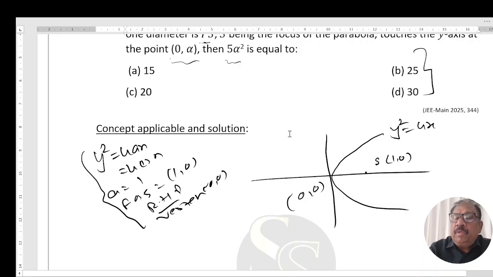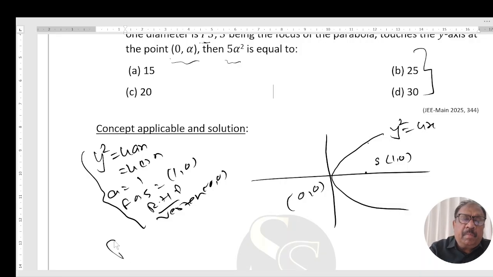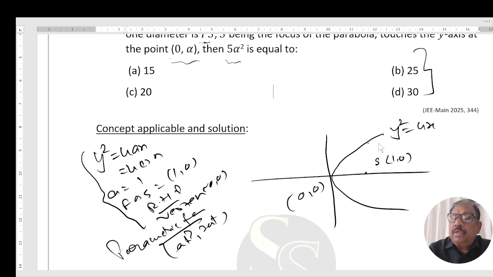Now, what is the parametric form? At square, 2at. Take a point t square, 2t.